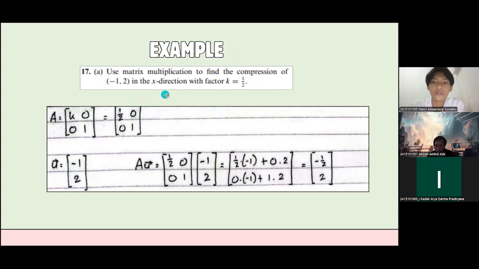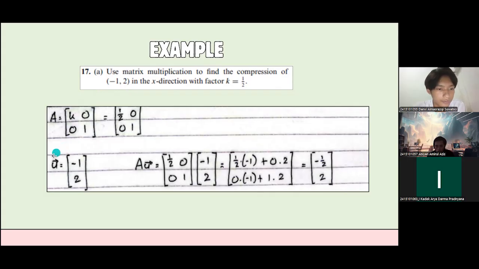And then in the question, we have to find the compression of the coordinate minus 1, 2.